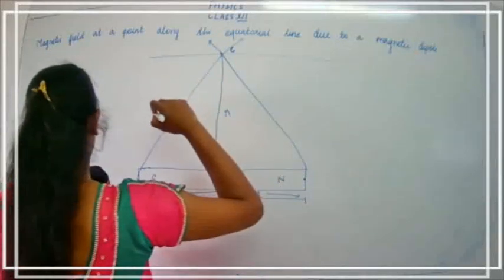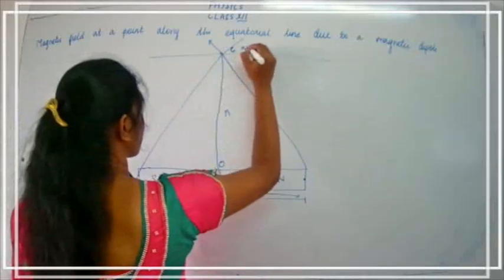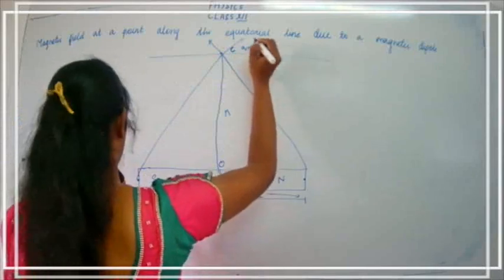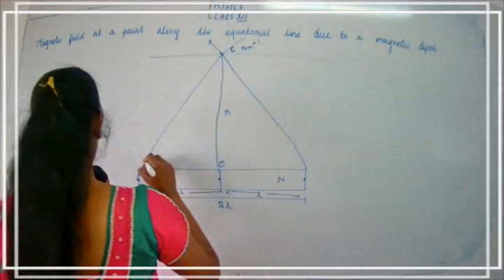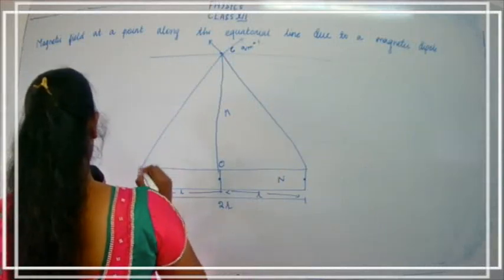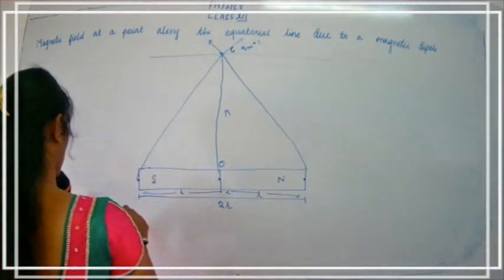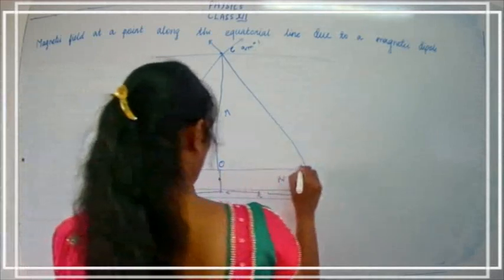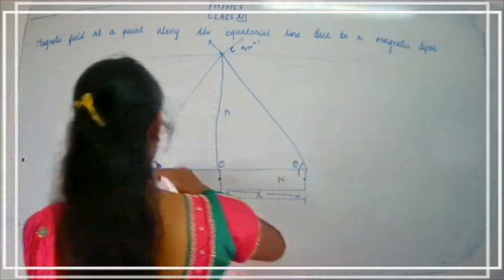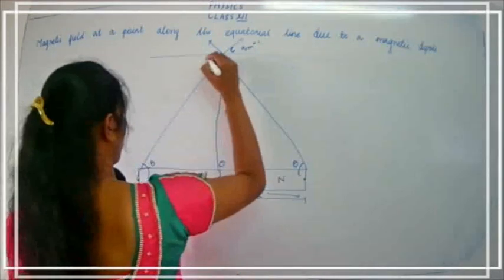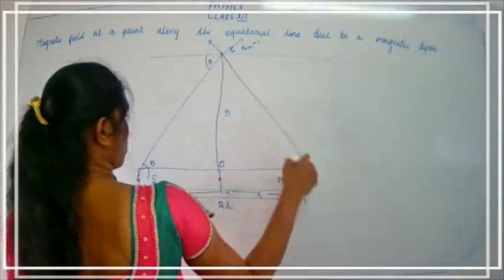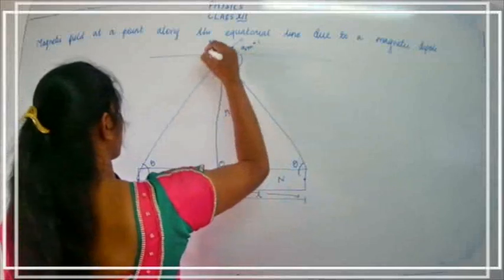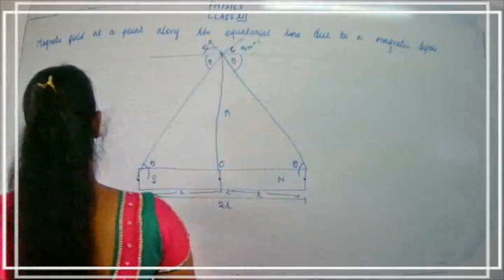Here the pole strength is Qm equal to 1, and this forms an angle theta. It also forms an angle theta. The alternate angles are equal, so here it also forms an angle theta.